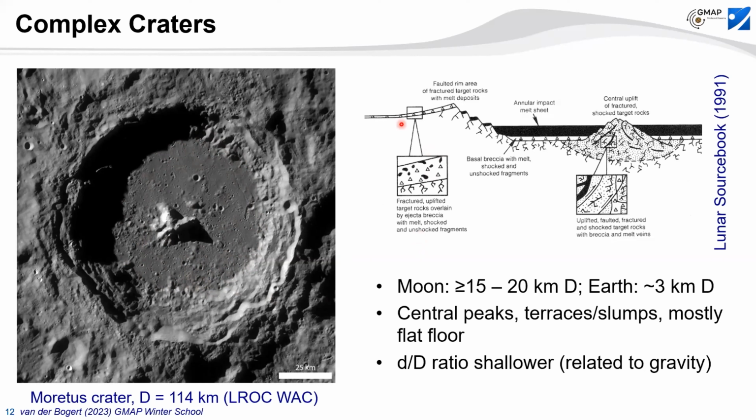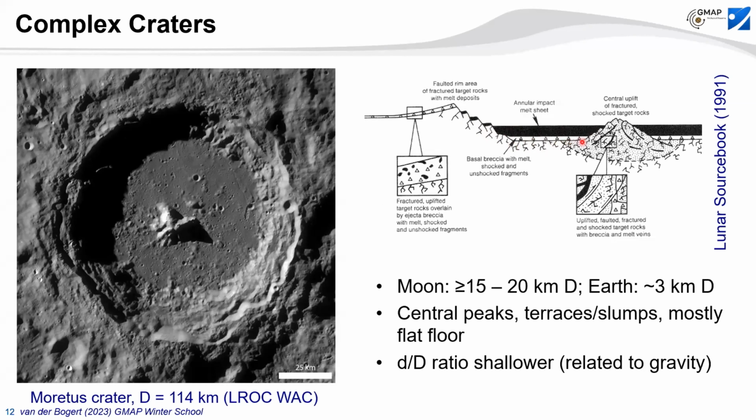Okay, so what does this look like in cross section? It's more complicated than the simple crater. We've still got the ejecta on the outside with a rim that's uplifted, but here are these downshifted blocks, the terraces that have formed during the modification stage. We'll look at those diagrams again in a moment.